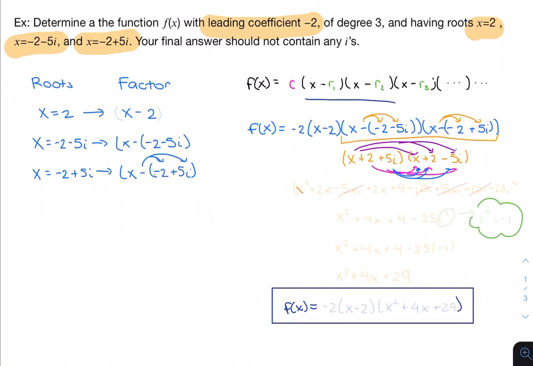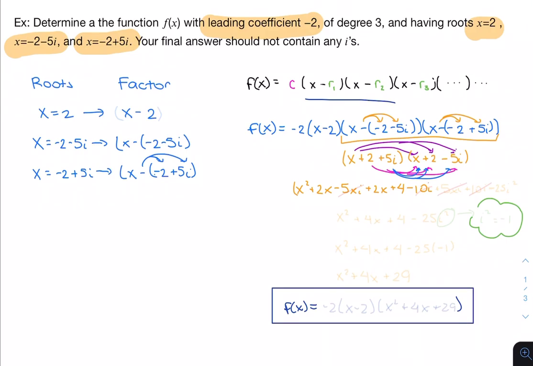So x times x is x squared. X times 2, that's positive 2x. X times negative 5i, that's negative 5xi. And then 2 times x, that's positive 2x. 2 times 2, that's plus 4. 2 times negative 5i, that's negative 10i.